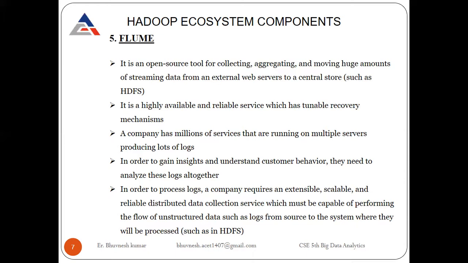From those data nodes, they will process that data at the proper location. Different servers are there. Their own task tracker will process the data and again submit that data to the master node.